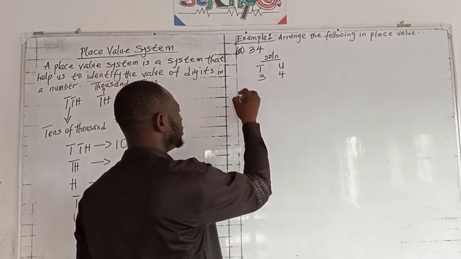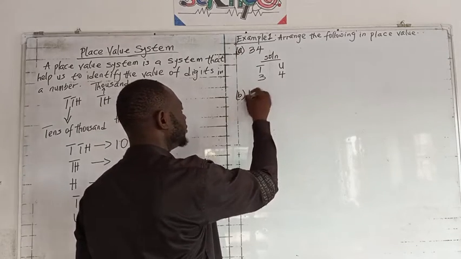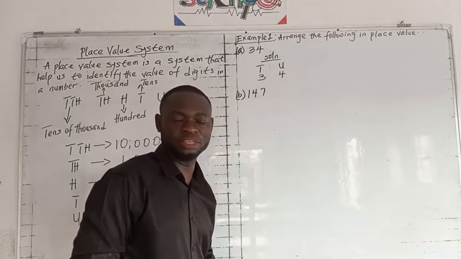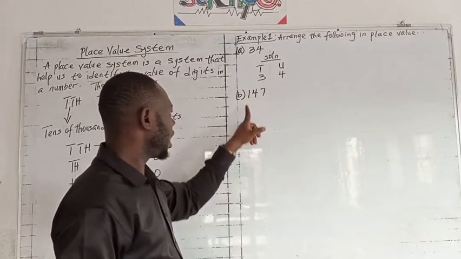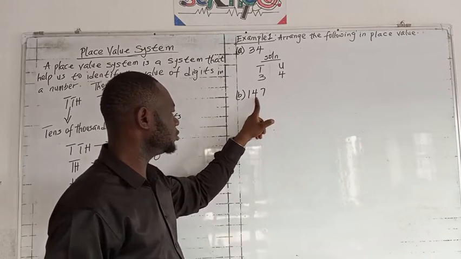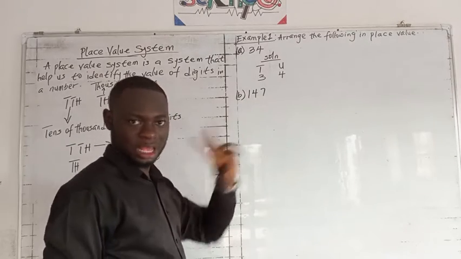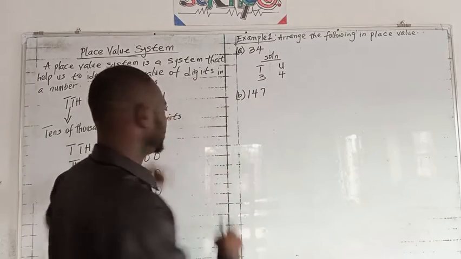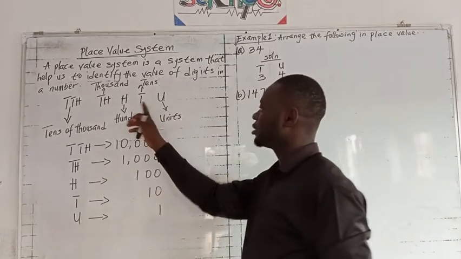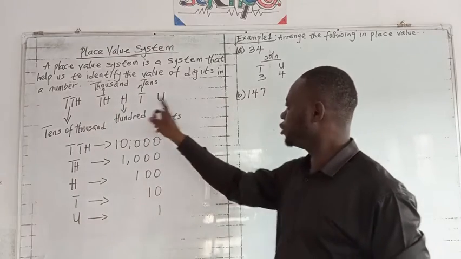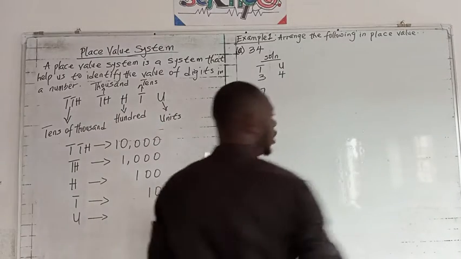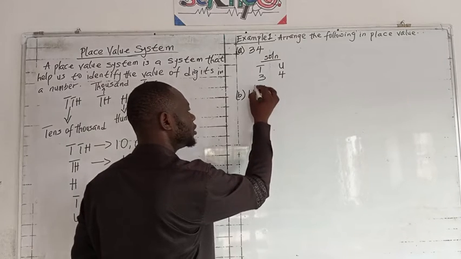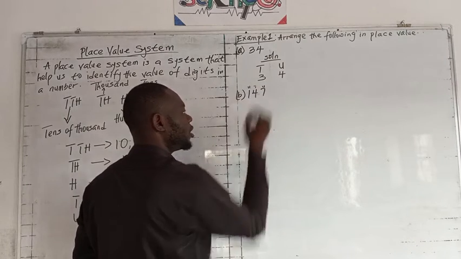Now let's say here is B. We have 147 to arrange in the place value system. How many digits are here? 1, 2, 3. There are 3 digits. So we have units, tens, hundreds.